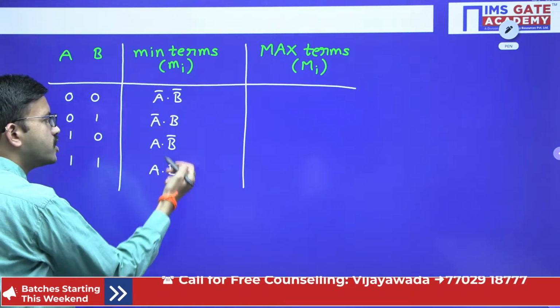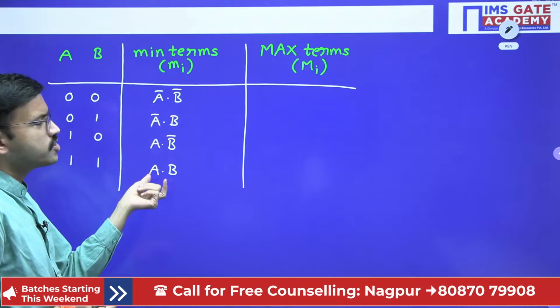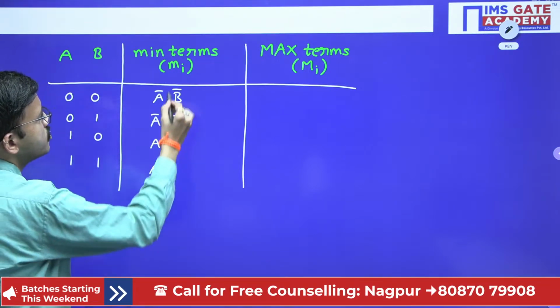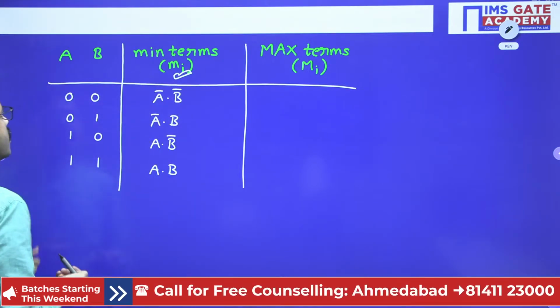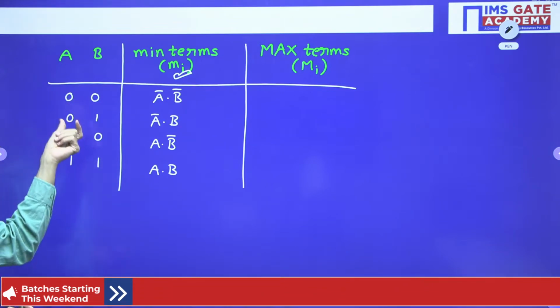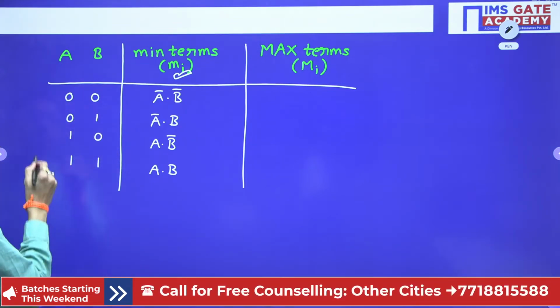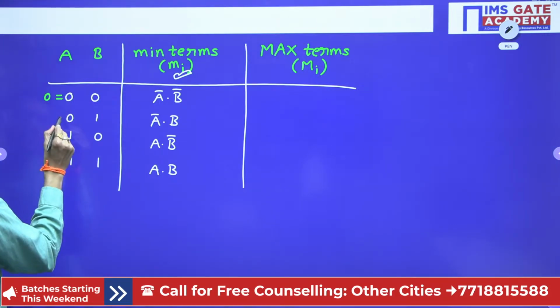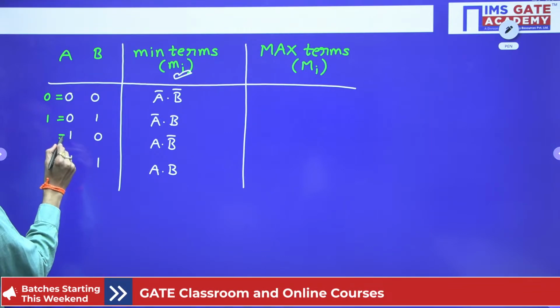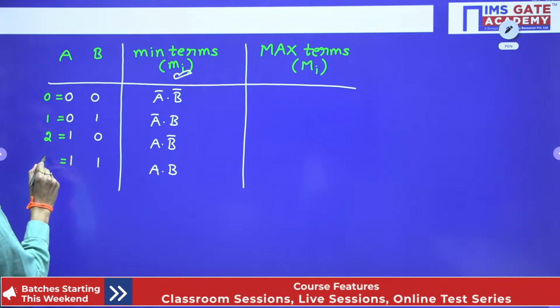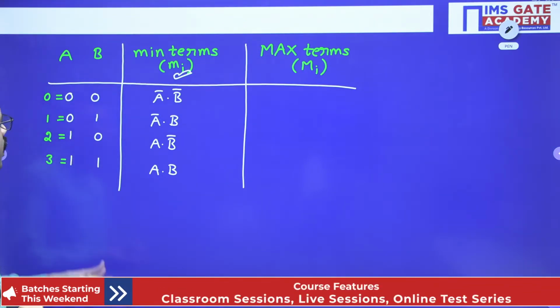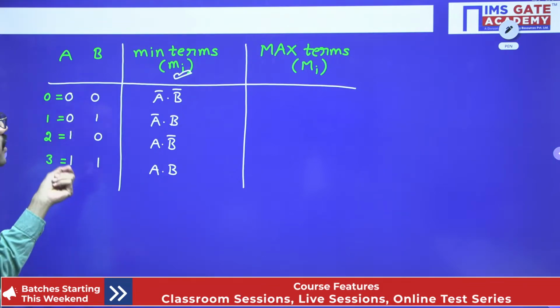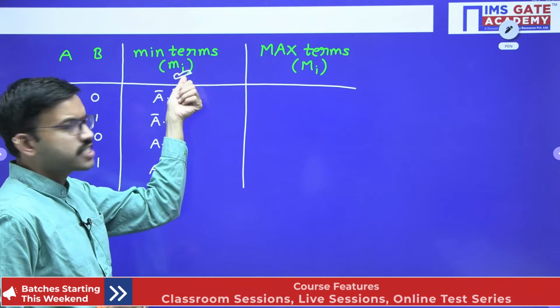So this is one notation, in terms of the variables. Now we have one more notation. For whatever binary combination we have considered, just write the corresponding decimal equivalent: 0 0 is 0, 0 1 is 1, 1 0 is 2, 1 1 is 3. Whatever decimal equivalent you get, put that value as the suffix, that's all.